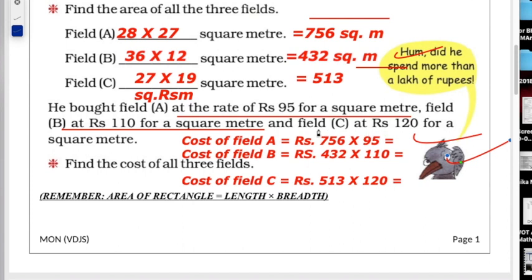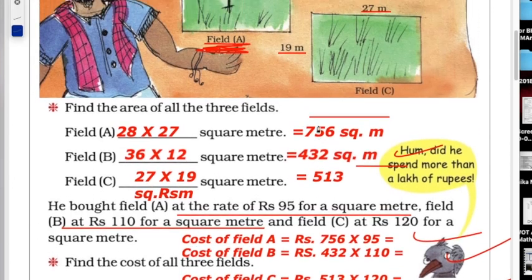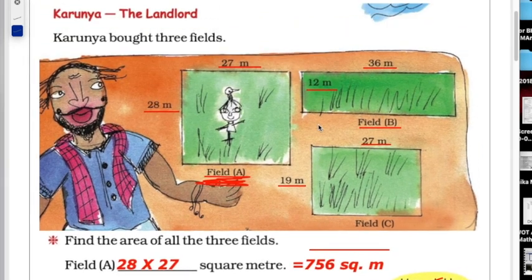Same, the rate of field C is rupees 120 for a square meter and the total area of field C is 513 square meter. If you multiply 513 with 120, you will get the cost of field C. So this was all about your question related to Karunya.